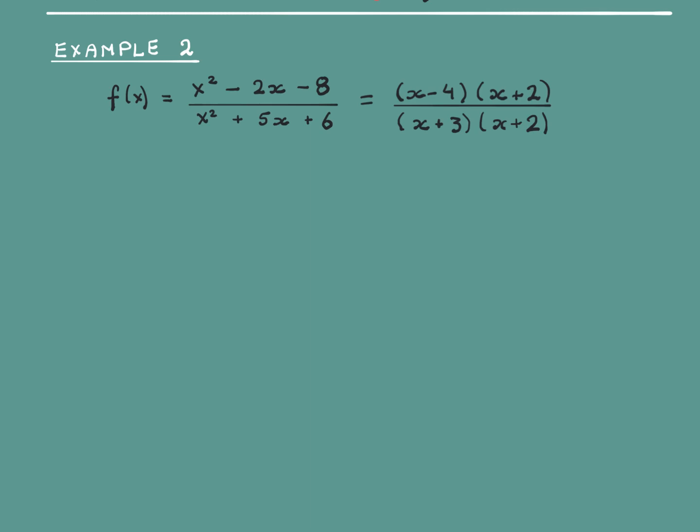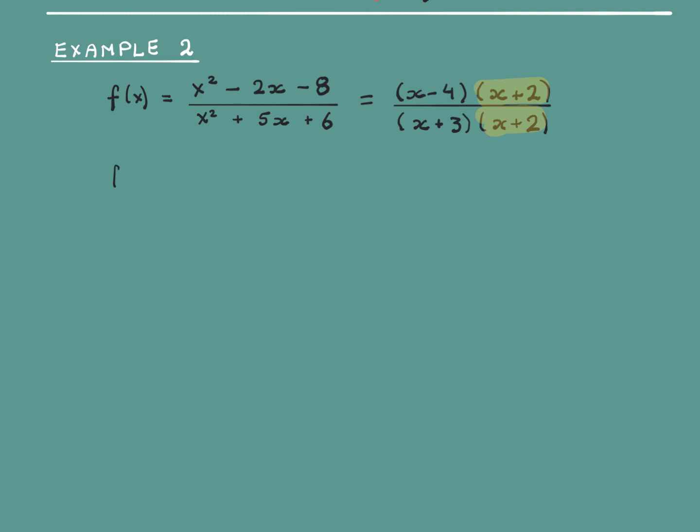Let's have a look at another example of a function. These rational functions will need to be factorized. Now that we have factorized it, we can see that there are two common factors, x plus 2 and x plus 2. They are common to both the numerator and the denominator.